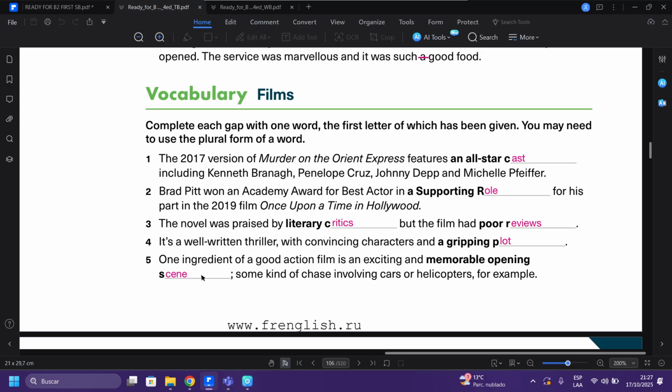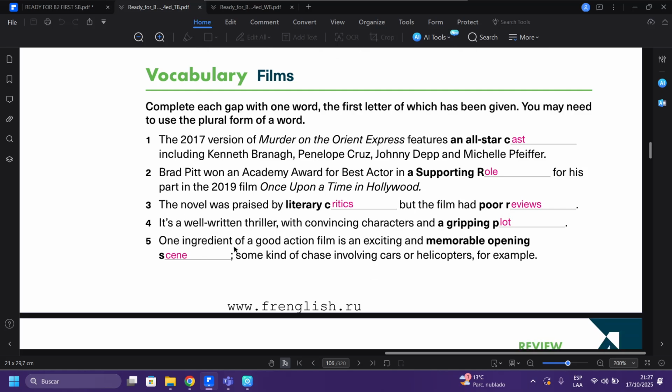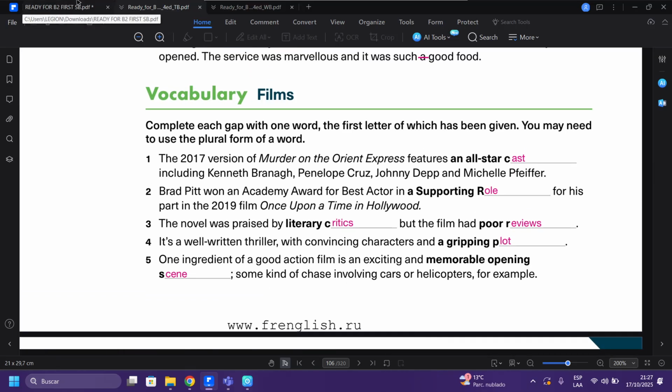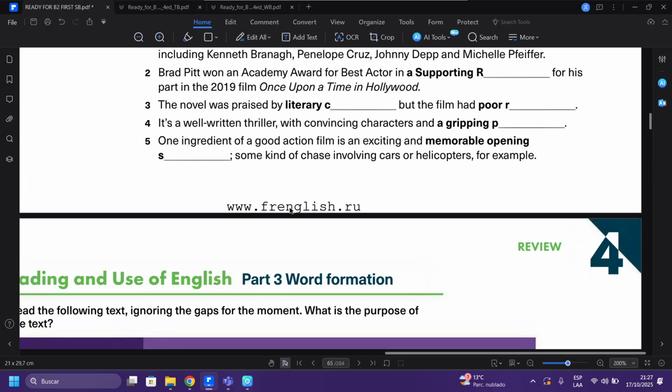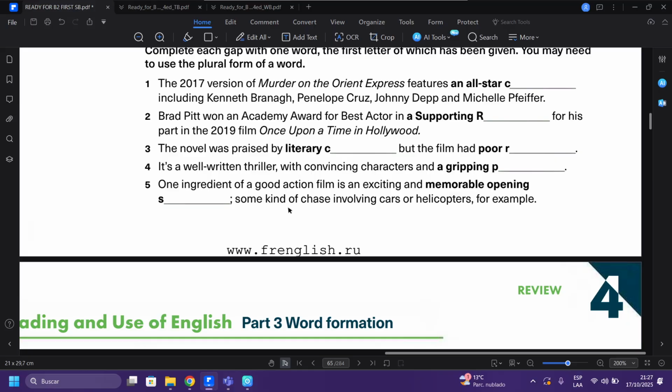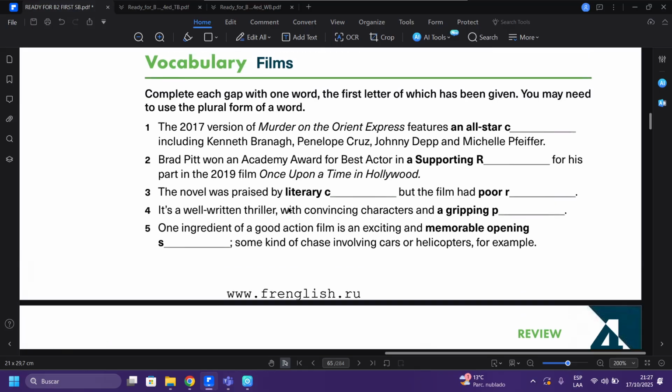So there you are: cast, role, critics, reviews, plot, and scene. This gripping plot is like when we say plot twist. It could be something like that.